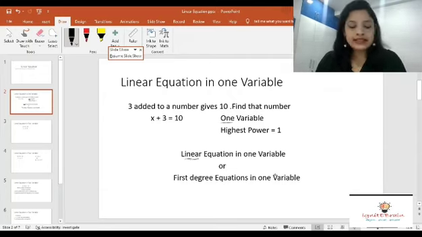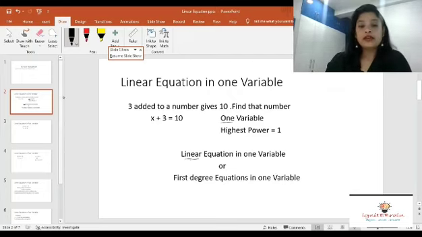Now we categorize this equation into 3 parts. First, there is an equal sign in the center.